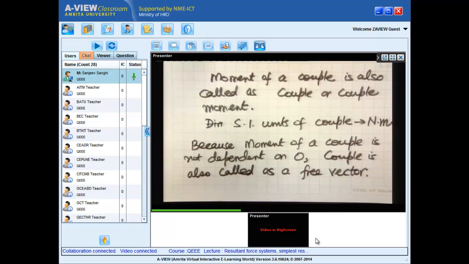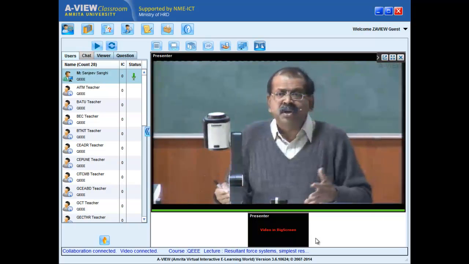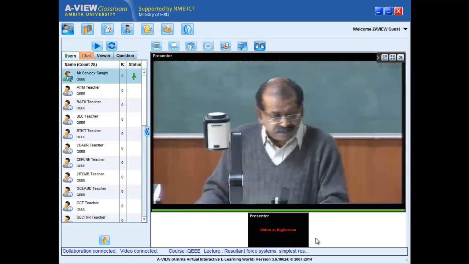This is just a notional definition: we call it a free vector because if a rigid body is there, then the couple could be shifted anywhere on the rigid body and it will have the same effect.